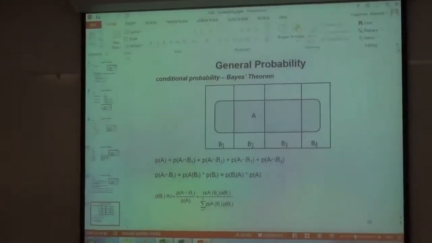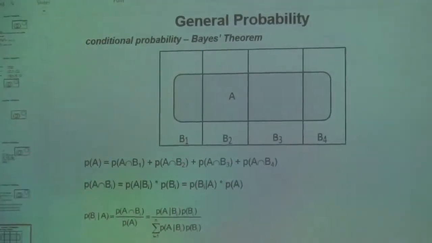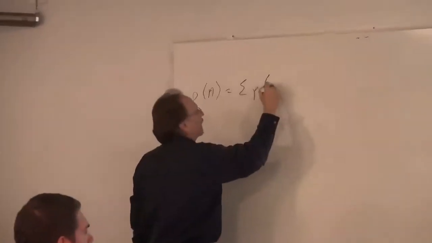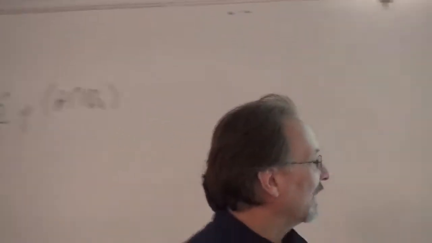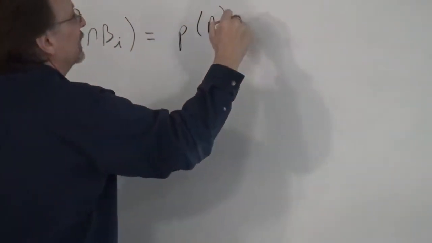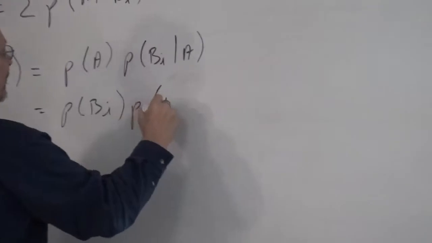So the probability of A, and that's this area in the middle here, whatever it might be, is essentially equal to the summation of the probability of A intersect with B sub I. And then the probability of A intersect with B sub I uses the relationship that it's the probability of A times the probability of B sub I given A, which is this one right here, or the probability of B sub I times the probability of A given B sub I. And we can exploit those two relationships as well.